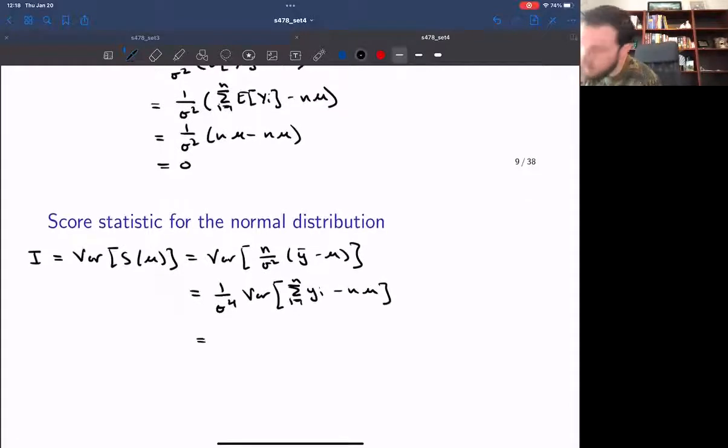Okay. This is 1 over sigma to the 4 times the sum from i equals 1 to n of the variance of yi.